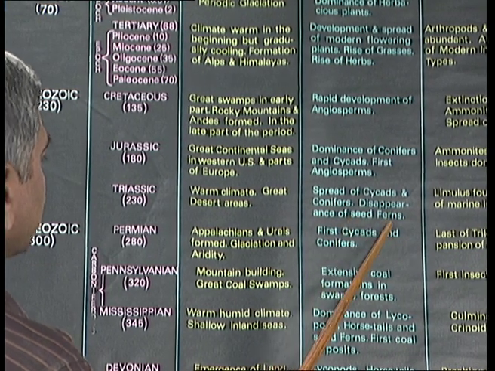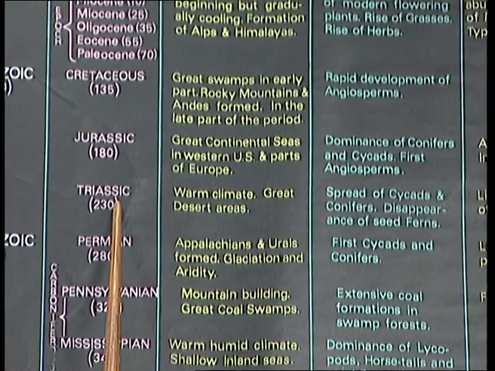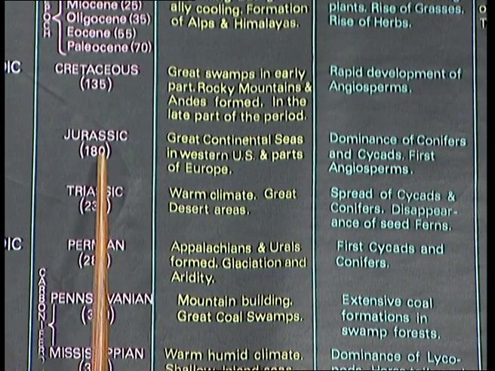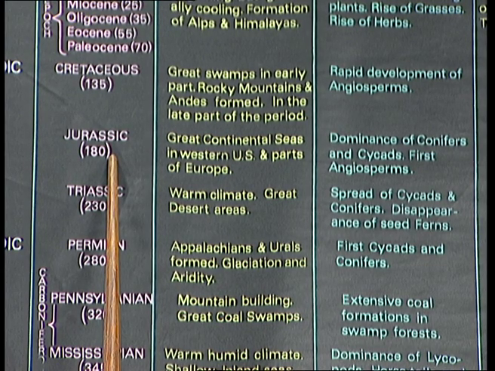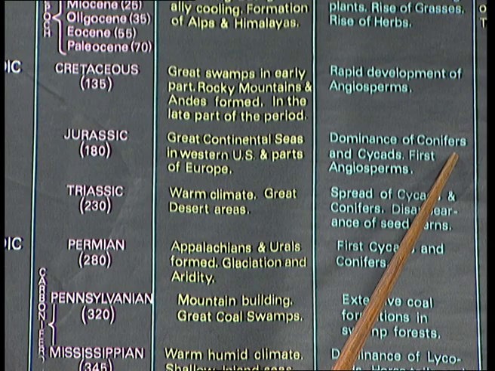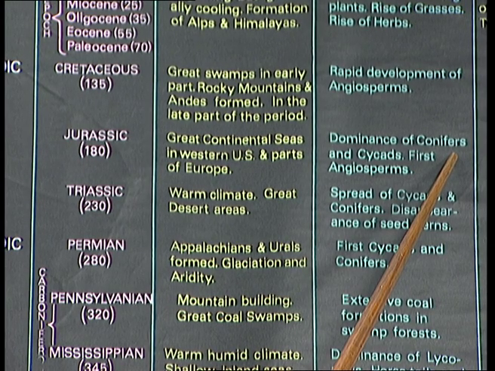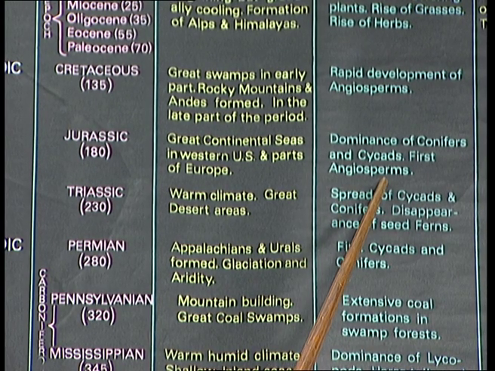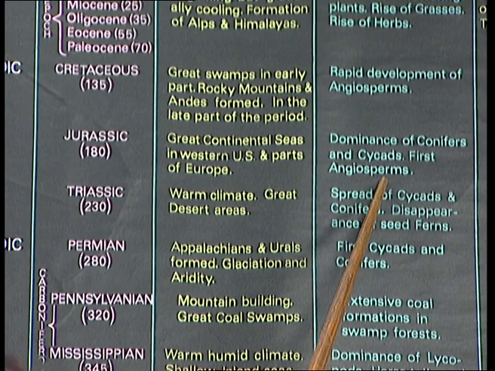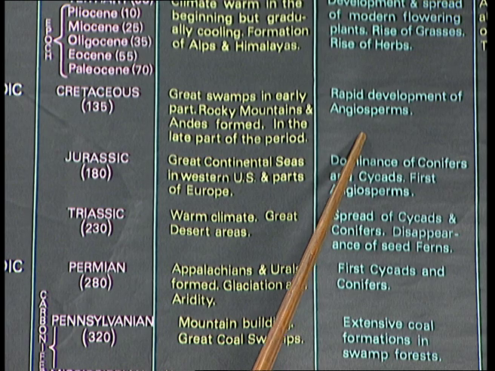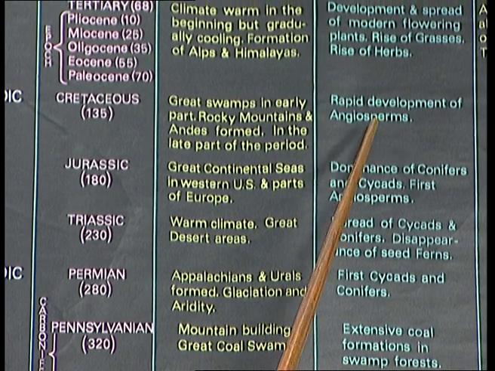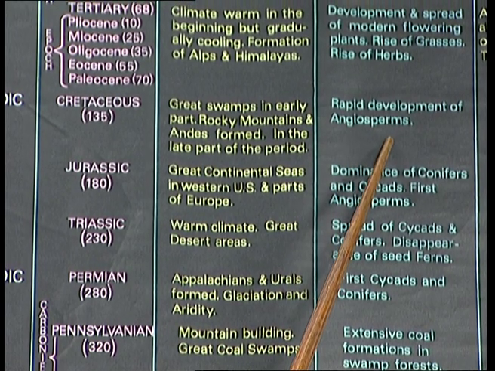The seed ferns completely disappeared at the end of the Triassic period. Then during the Jurassic period, around 180 million years ago, conifers were dominant along with cycads, and the first angiosperms were also recorded during this time. Then at the end of the Mesozoic, during the Cretaceous period, rapid development of angiosperms was recorded.